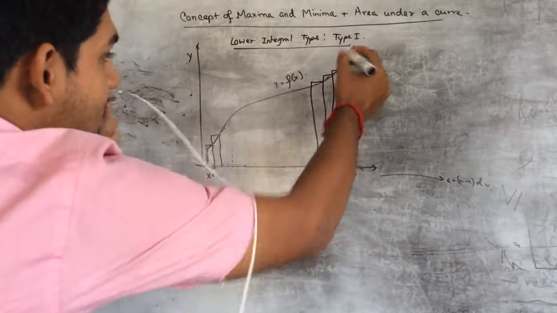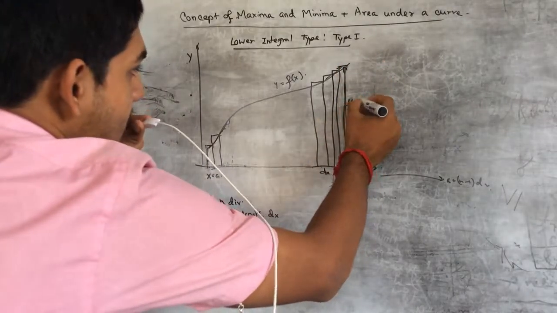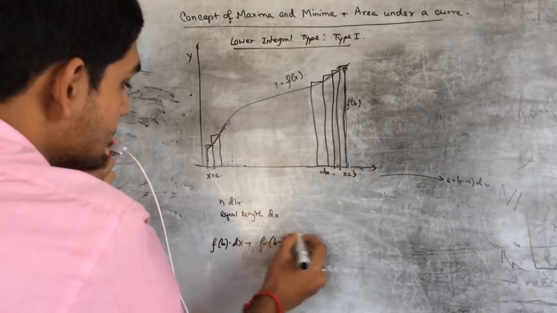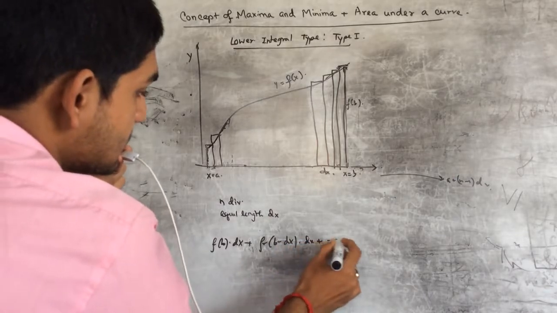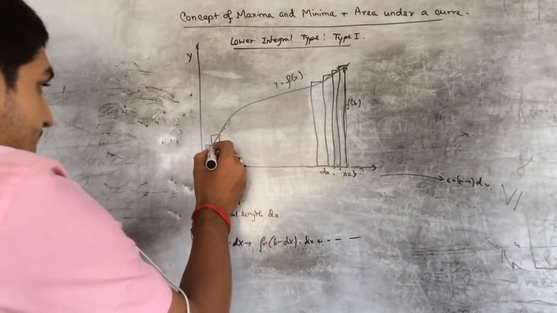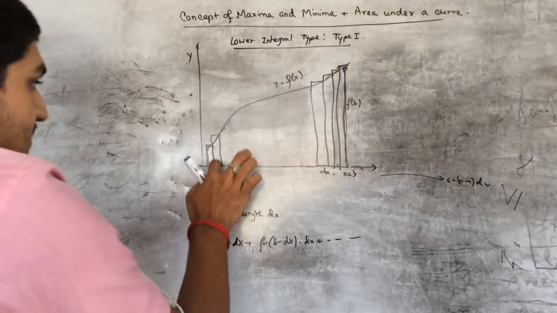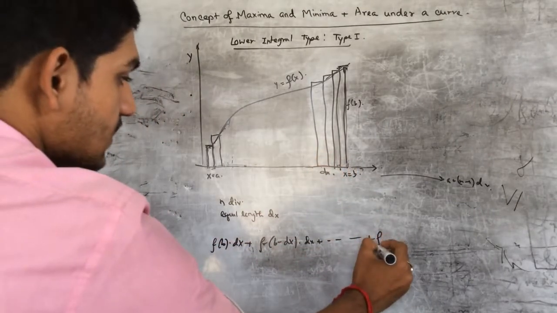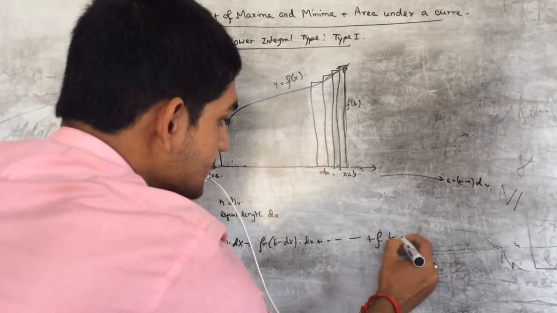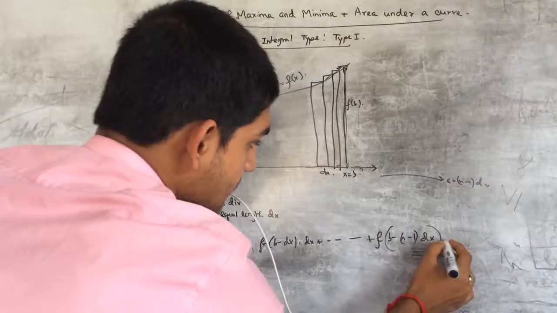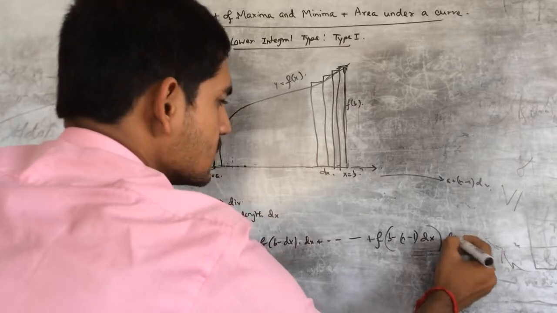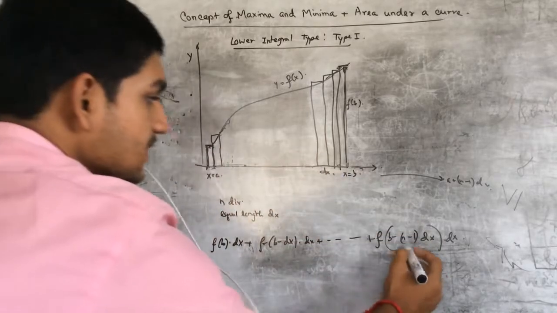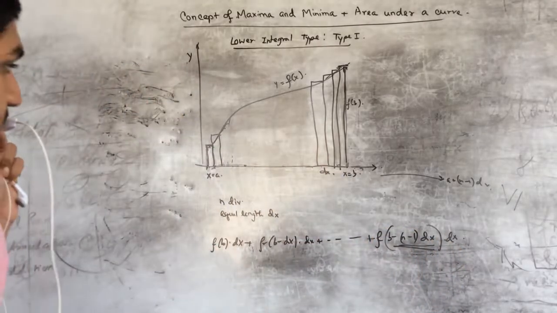First we take this rectangle, whose height is f of b, into dx, so f of b into dx, plus f of b minus dx into dx, plus we continue like this, and the last rectangle we are writing as f of b minus (n minus 1) dx into dx.